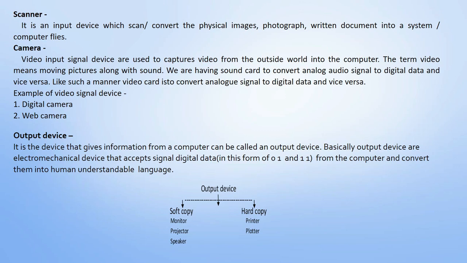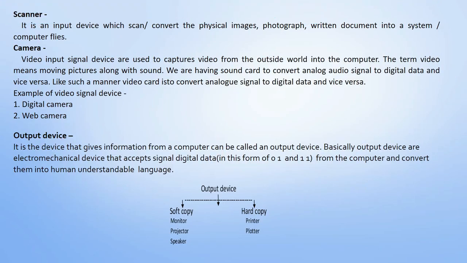In such a manner, a video card is to convert analog signal to digital signal and vice versa also. Okay. So here we know that camera is one type of input device and it is also having two types of camera. One is your digital camera and another one is your web camera also.